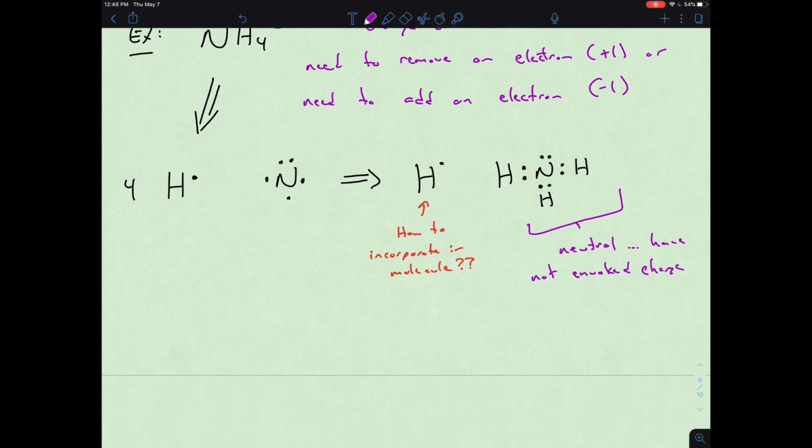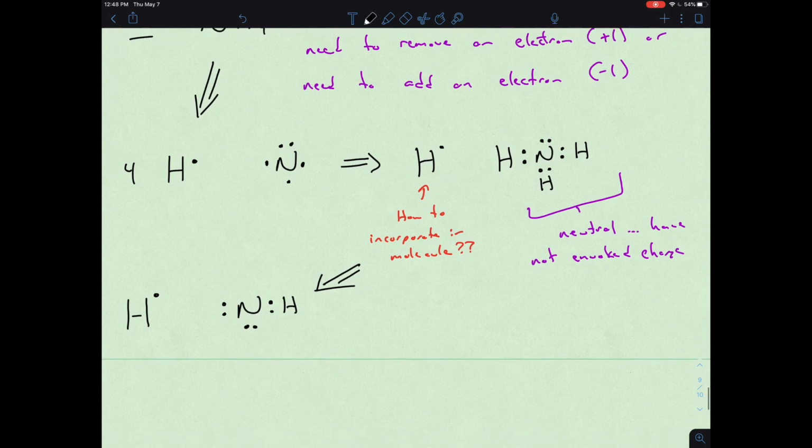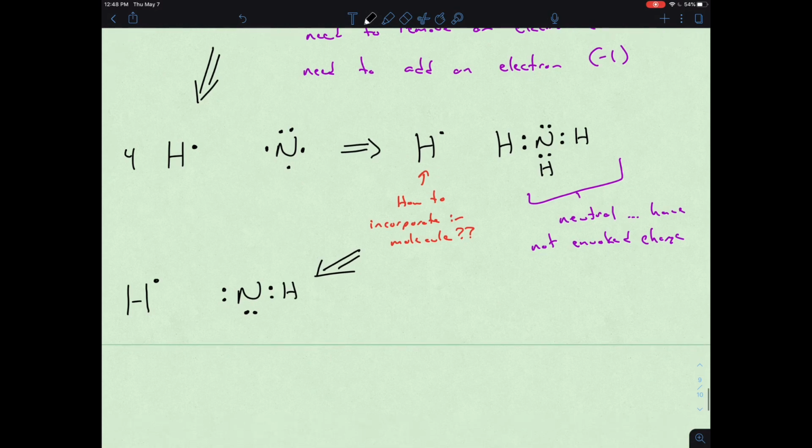So we could go one step further here to show that removal of an electron, meaning that we still have our hydrogen, and now if we draw in our component hydrogens from the NH3, I'm just going to go up a little bit here.